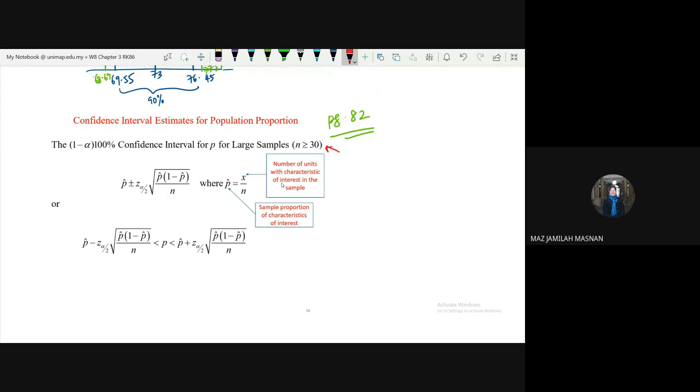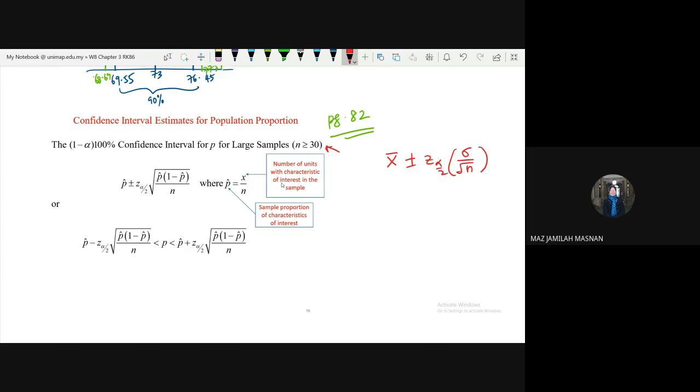With a large sample size, we use the sample proportion as our estimation, and that proportion will be used to make inference for our population. Unlike the mean, where we have x bar plus minus z alpha over 2, and if sigma is known, the standard error is sigma over square root of n.